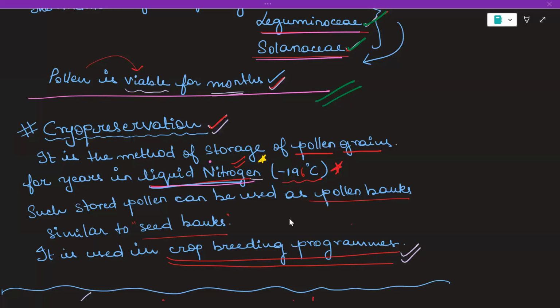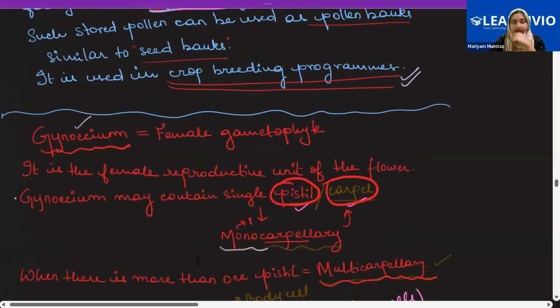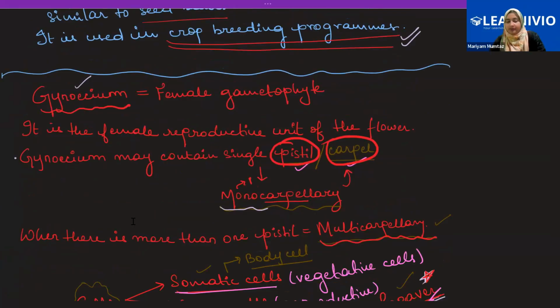Okay, any doubts up until now? No, ma'am. All right. Now see, we have discussed the male gametophyte of the plant. Now we will be moving on to the female gametophyte of the plant. That is the gynoecium. You people know that this is the female reproductive whorl of the plant. Now, one single unit of gynoecium is called a pistil, right?